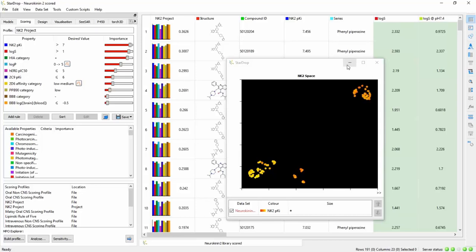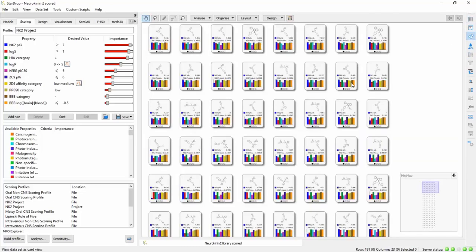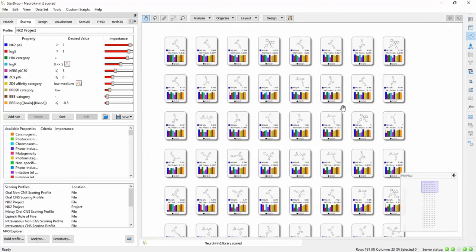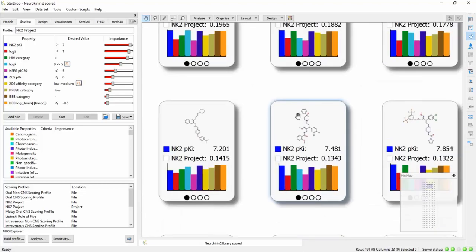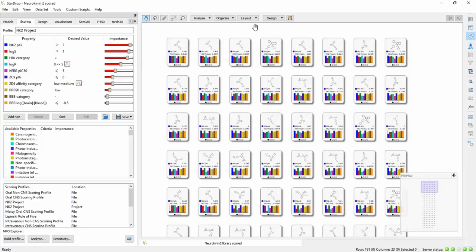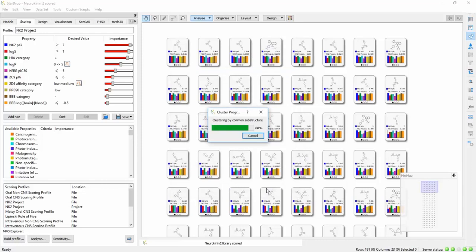So just to show you one visual way of doing that, I'm just going to pop into something we call card view here. Claire showed some nice examples of these cards, which summarize the key properties for individual compounds. But one of the things one can do here as well is to group these by clustering. So you could run a clustering algorithm here and cluster by common substructure to group together those compounds, for example.